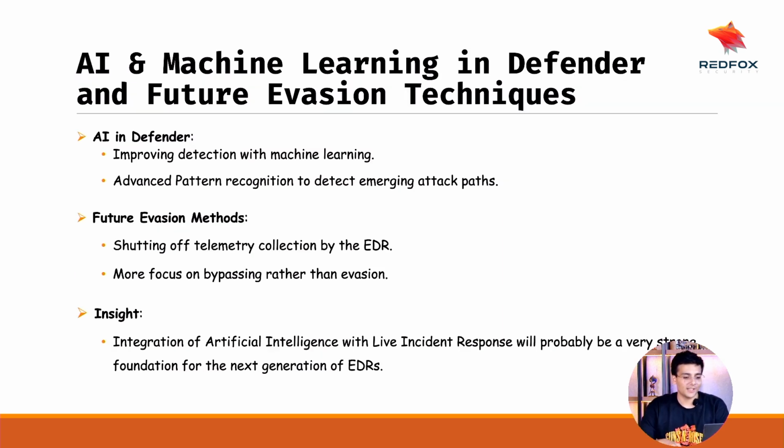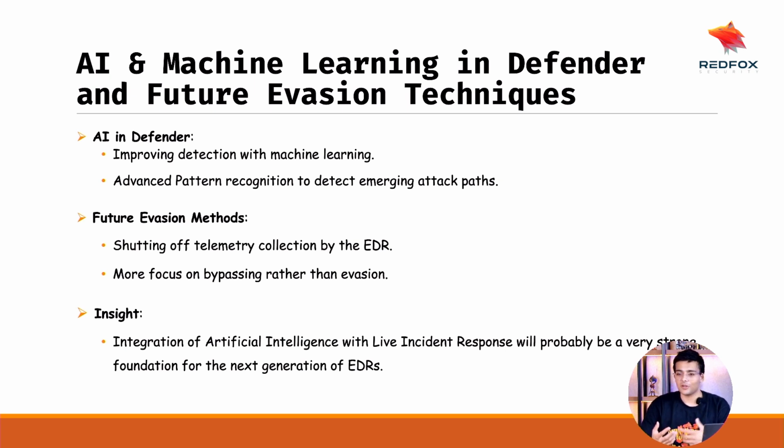Now this is something I was going through when I was trying to understand why Defender is flagging all of my payloads. The AI in Defender is learning things so fast, and I'm sure other EDRs have some sort of AI system running too.